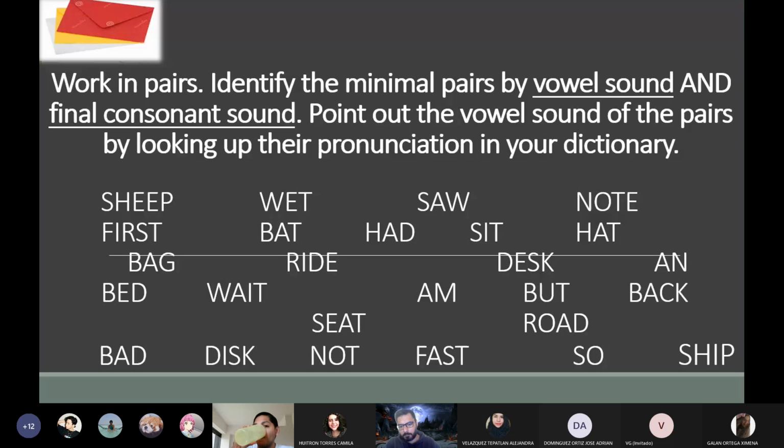So and sew. That's right. Yeah. So and sew. That's right, very well. A minimal pair. A sequencer and a past tense verb, right? The simple past of the verb see.